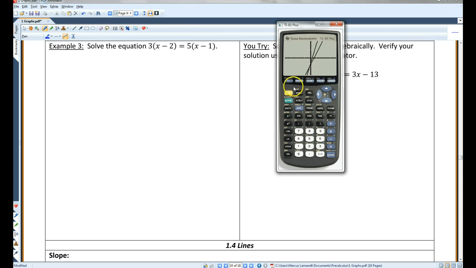I'm going to go to second, calculate, go to intersect. First curve, enter. Second curve, enter. Guess. There we go. Negative 0.5, negative 7.5. Now, because we're solving for x, the answer we're looking for is negative 0.5.